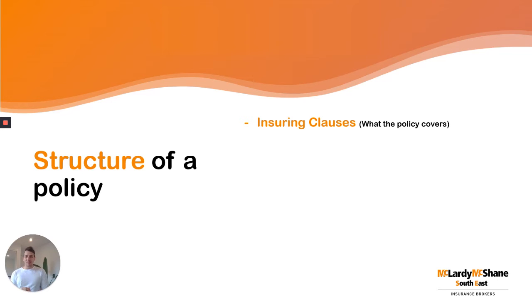Forget advertising liability, I'll cover that in another video, but those are the two things you need, one or the other, to trigger your policy. So if you've injured somebody or you've damaged something that doesn't belong to you, chances are it will be your public and products liability policy that you hope will respond.